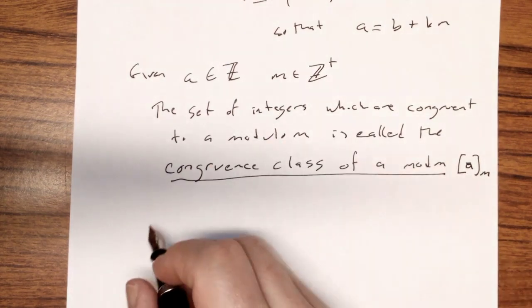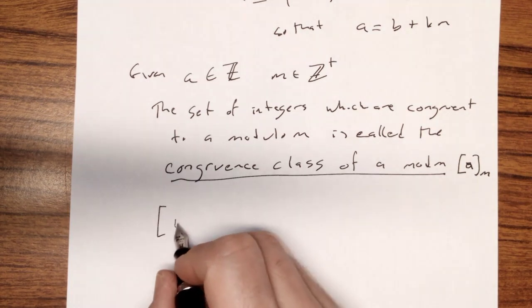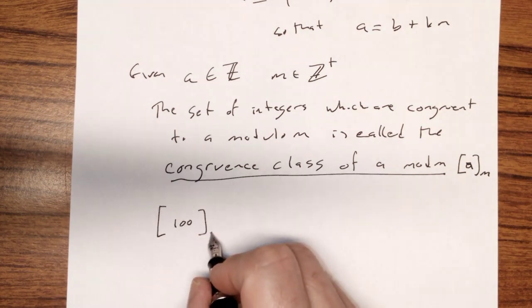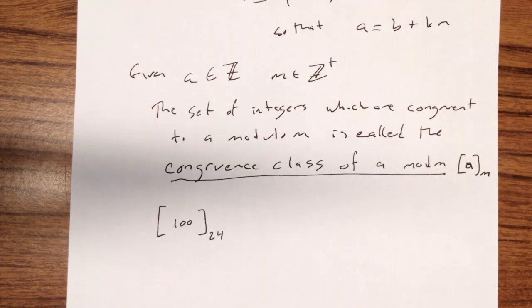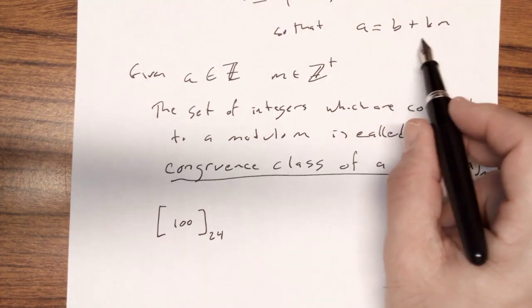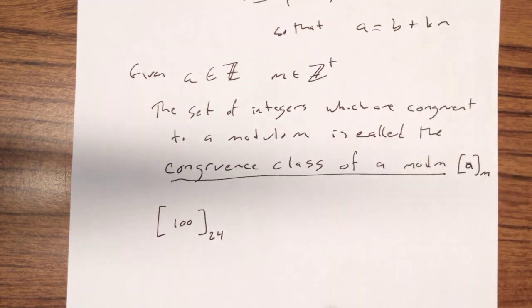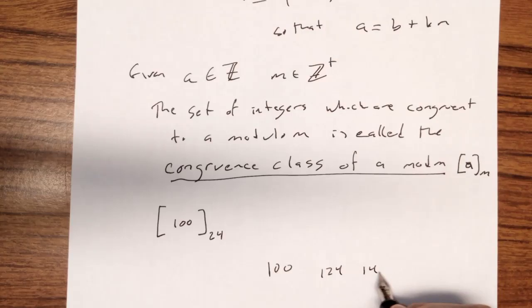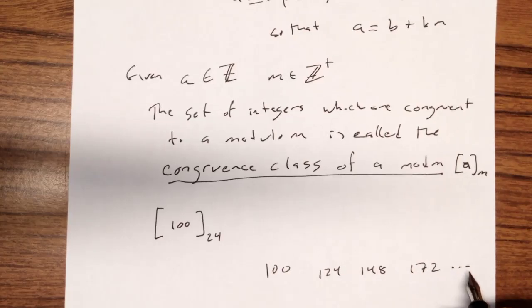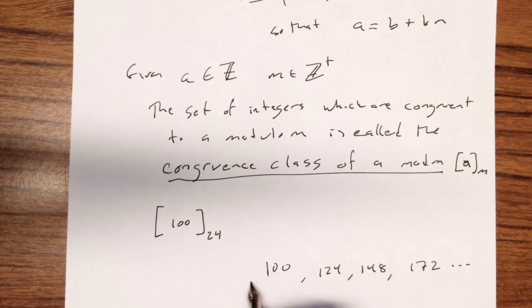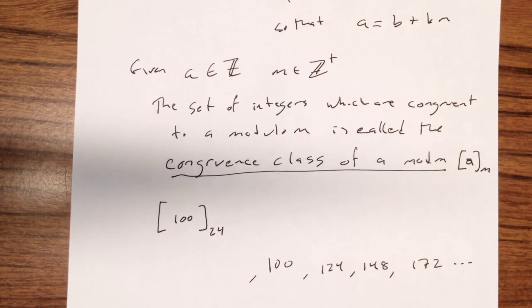So if I think about 100 mod 24, well, I can use this idea to generate all of those numbers. I could add any multiple of 24. I could subtract any multiple of 24. 100 minus 24 would be 76.